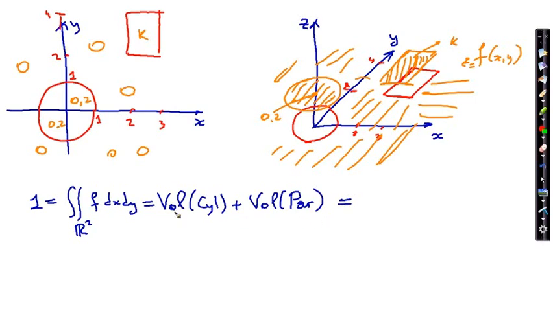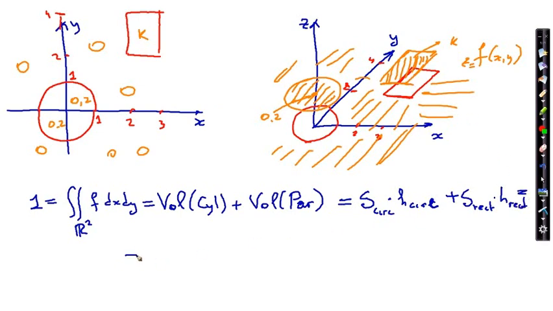The volume of the cylinder is the area S of the circle times the height of that circle, plus the area S of the rectangle times the height of that rectangle.